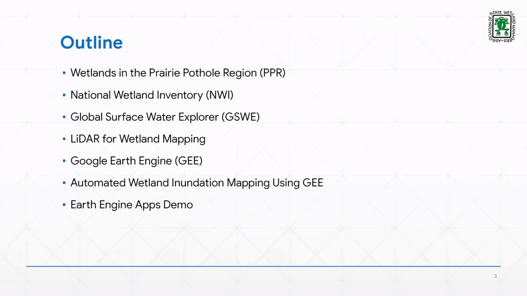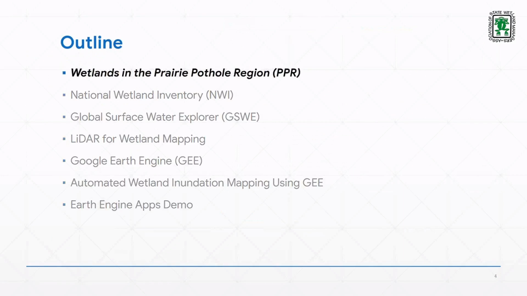Then we'll go to the Google Earth Engine and the primary topic that I will be talking about today using Google Earth Engine. And at the end, if we have time, we want to give you a quick demo about the Google Earth Engine apps that I have developed for mapping inundation dynamics.